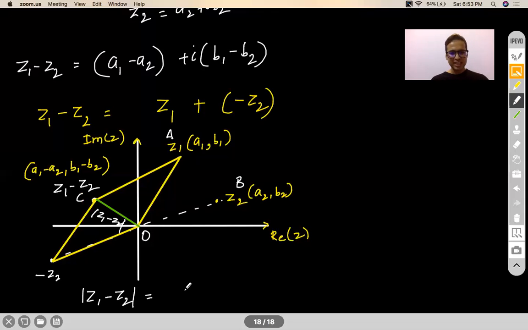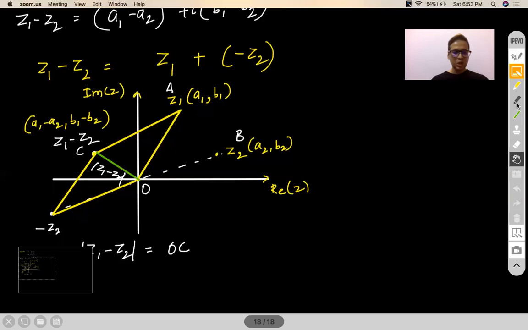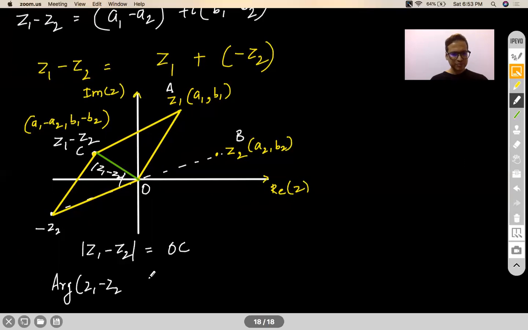Okay. So length OC is your magnitude of z1 minus z2. What is argument of z1 minus z2? So you'll say this angle theta. Okay. So this angle theta is your argument of z1 minus z2. Correct. No doubt about this.